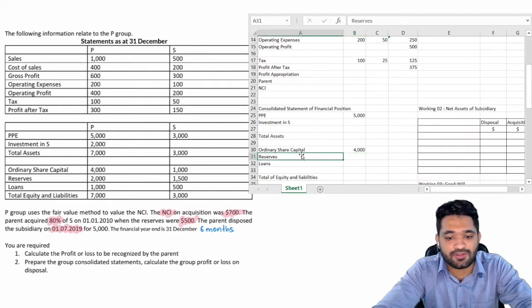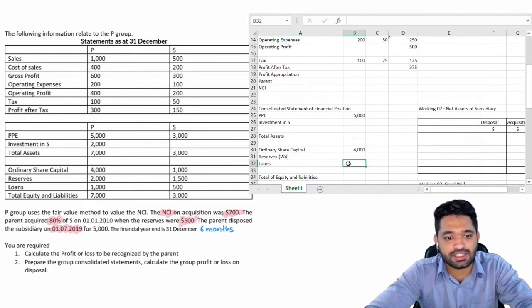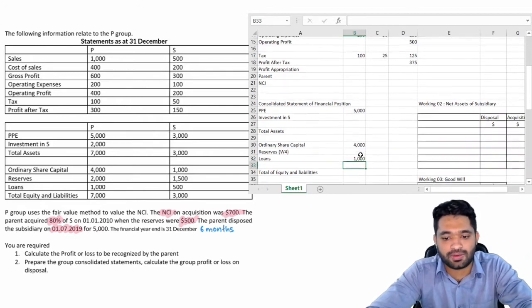Reserves, we are going to get from working number 4. The loans, again we will be showing the parent's figures, which is 1,000.